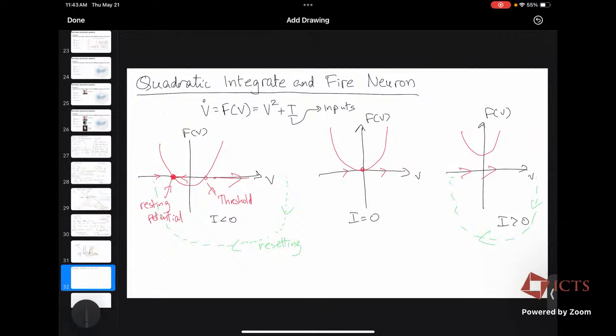So we can think of this I input in two ways. One is, as we were describing over here, I can think of taking an initial condition and I can talk about what happens if I perturb it to a different initial condition. Or alternatively, you can just think of this as the current input into the neuron. If I have negative current or if I have no current, then also I just sit at some resting potential.